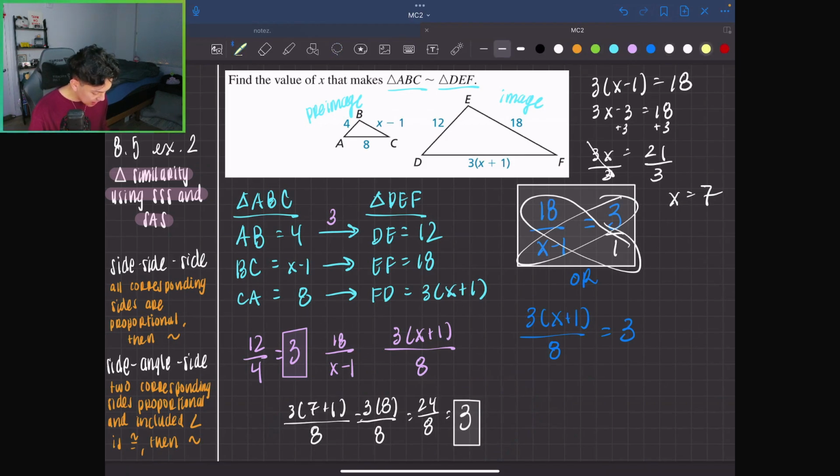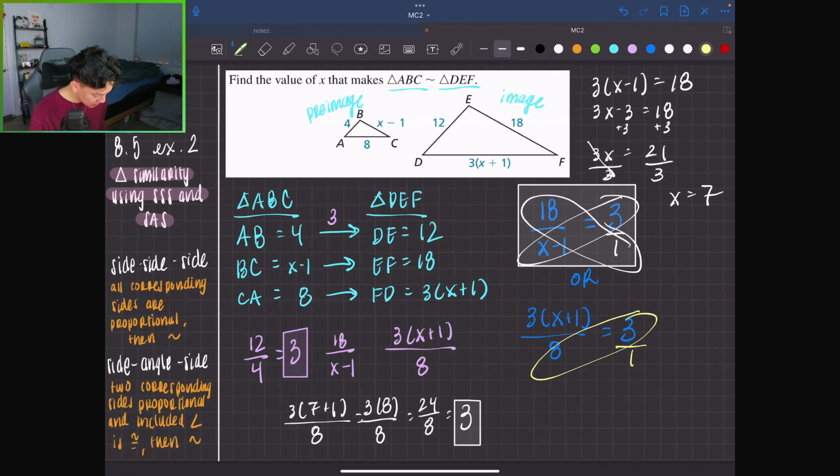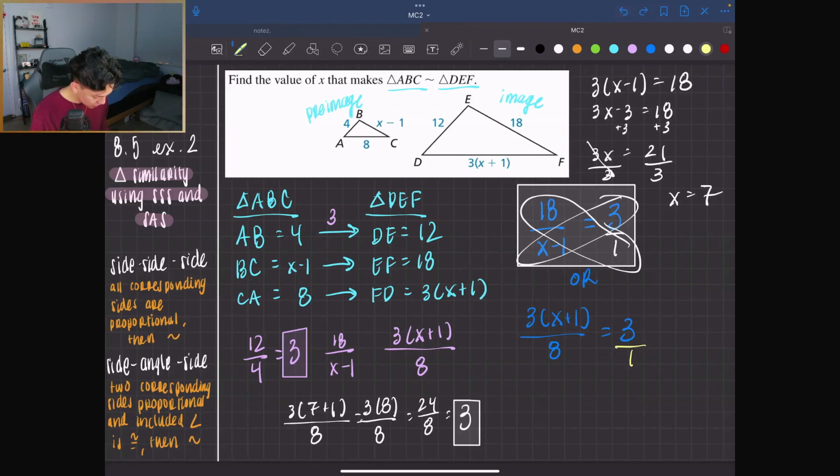3 times x plus 1 over 8 equals 3 over 1. So let's cross multiply this. 8 times 3 is 24. So 24 has to equal 3 times x plus 1. Now we do the same exact process.